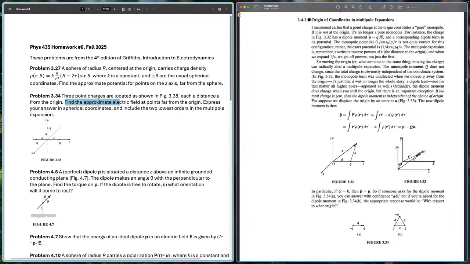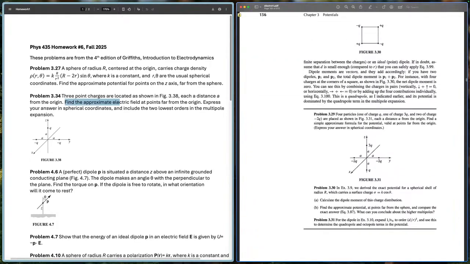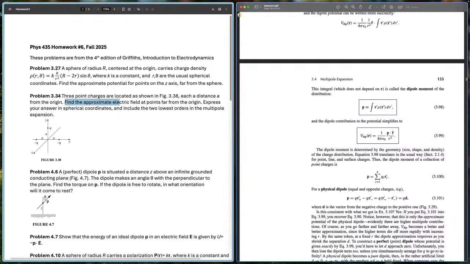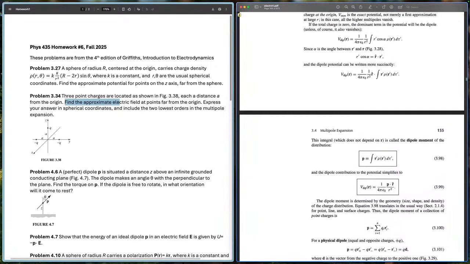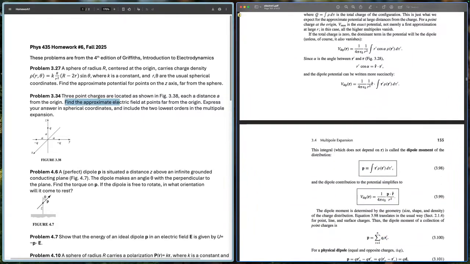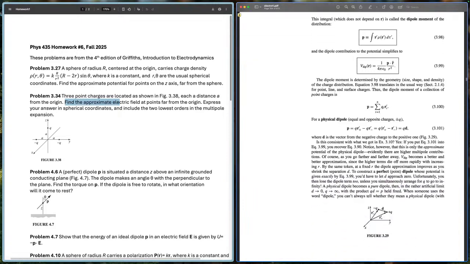So I want to find the actual dipole moment of the system. And to do this, I just take the sum, right? Yeah, just take the sum of r and then charge. Yeah, and 3.100, right? So that would be the dipole moment.